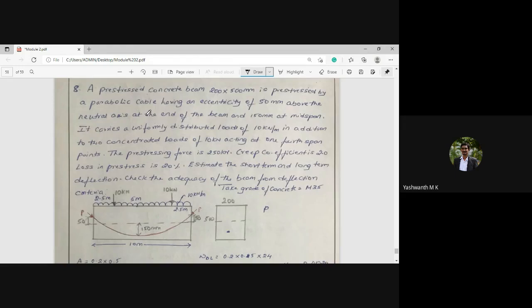So please listen carefully. A pre-stressed concrete beam 200 by 500 is pre-stressed by a parabolic cable having an eccentricity of 50 mm above the neutral axis at the ends of the beam, that is at the support, and 150 mm at the midspan. So 50 mm at the support and 150 mm at the midspan.